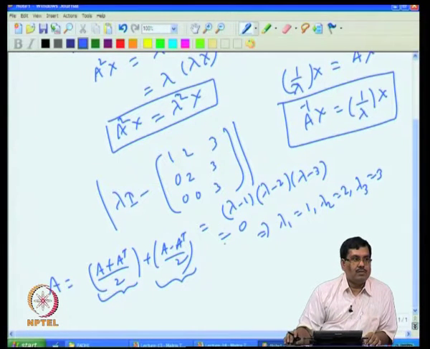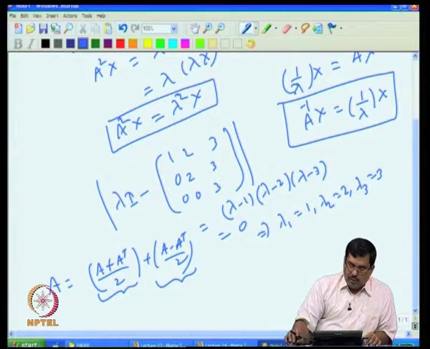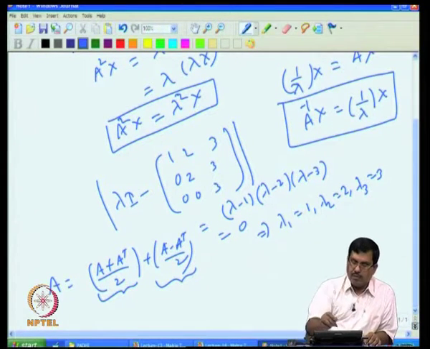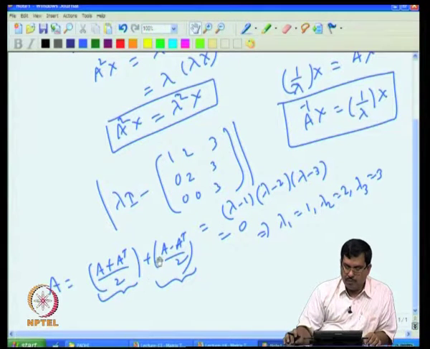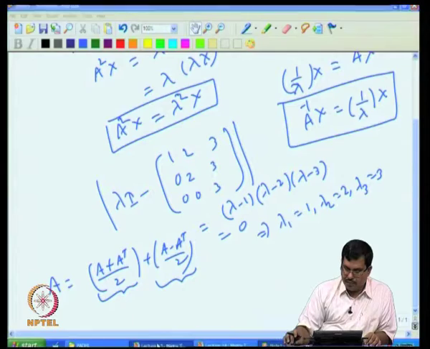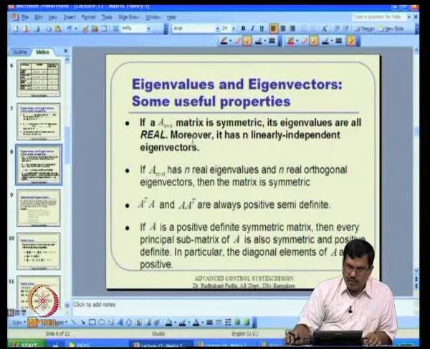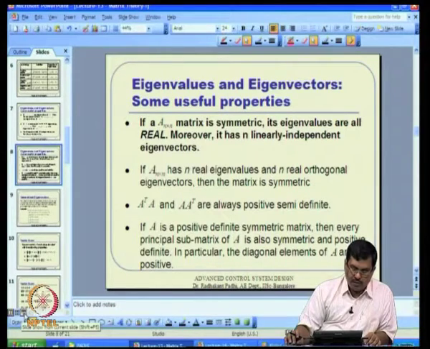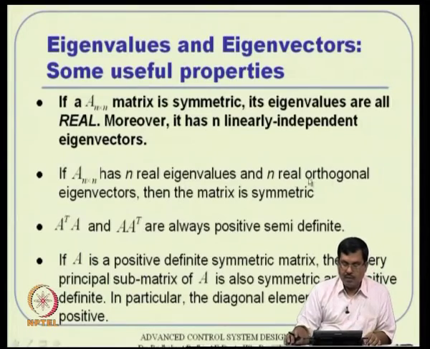We still want to do this, because if the skew symmetric component is negligible, that means it is not that significant, then we are still left with an approximate matrix which is a symmetric matrix. That is a good property that you will have to exploit actually. Some of these proofs, if time permits, you will see in class, otherwise you can read them from standard textbooks.